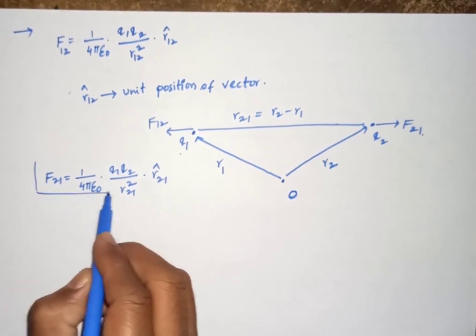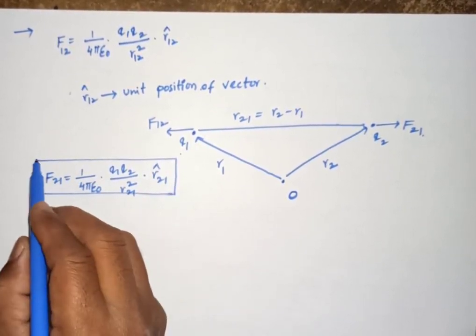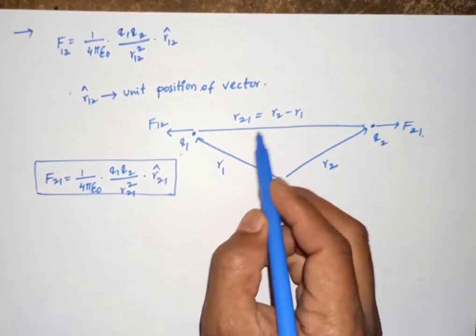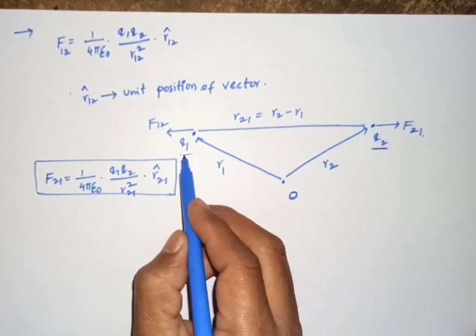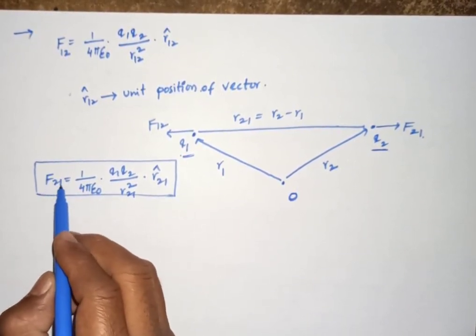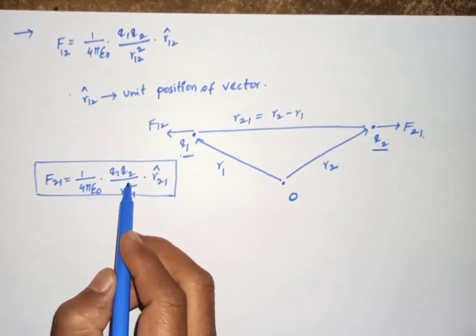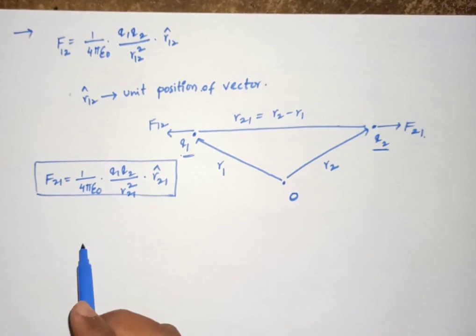This is the force on charge q2 with respect to charge q1: F21 equals 1 by 4 pi epsilon naught q1 q2 by r21 square into r21 cap.